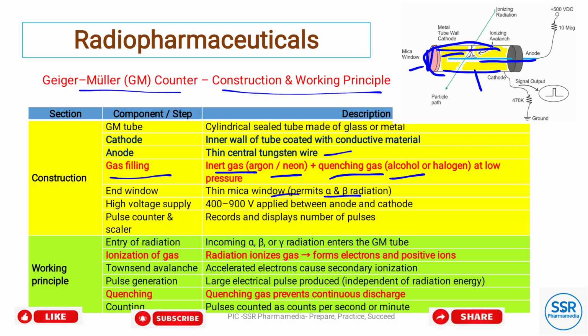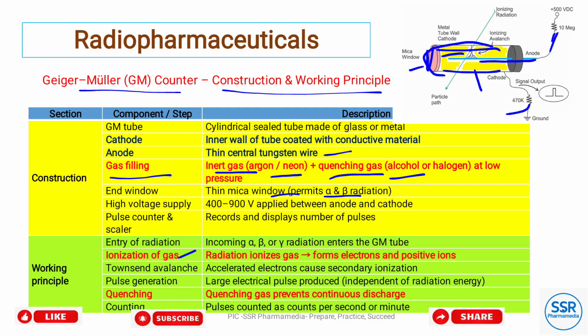Through this window the alpha and beta radiations enter. High voltage is supplied through a battery, and a pulse counter meter is connected for recording and displaying.